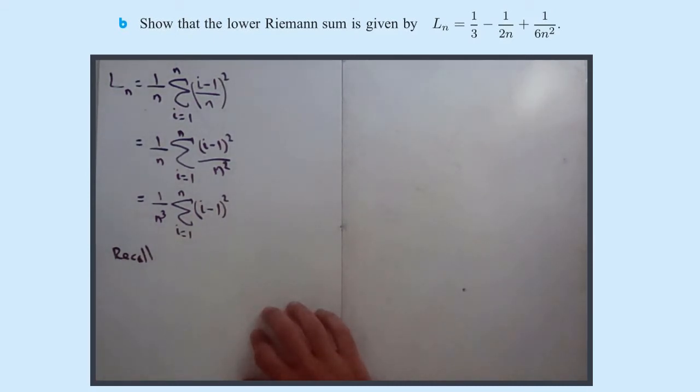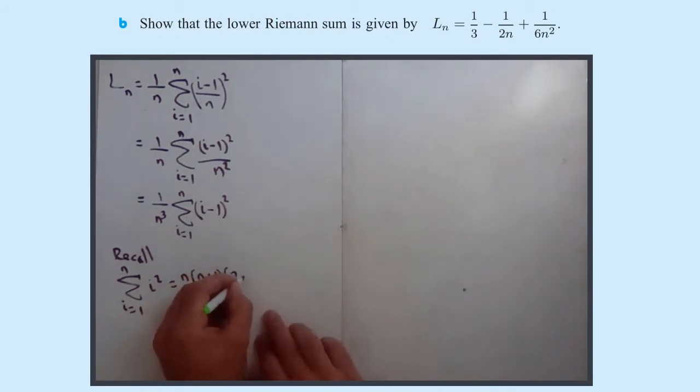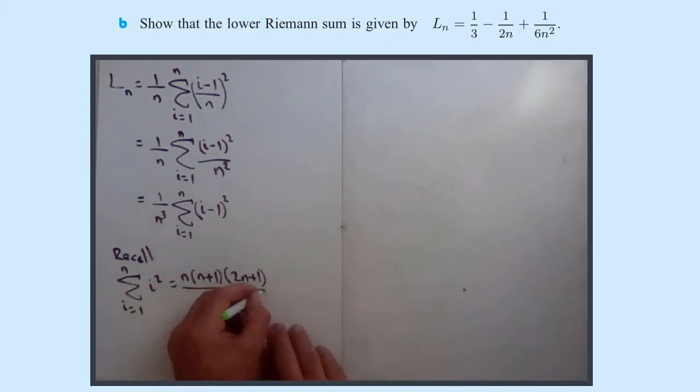The sum of the first n numbers, the sum from i equals 1 to n of i squared, as in the sum of the first n square numbers, equals n times (n plus 1) times (2n plus 1) over 6.